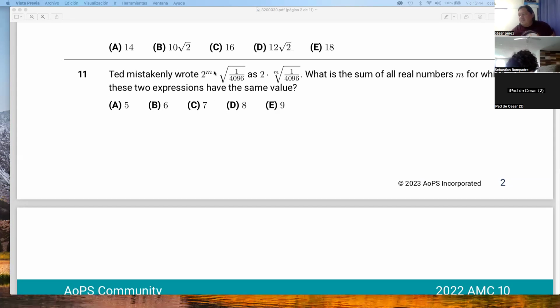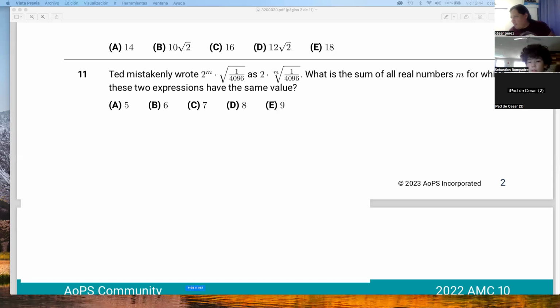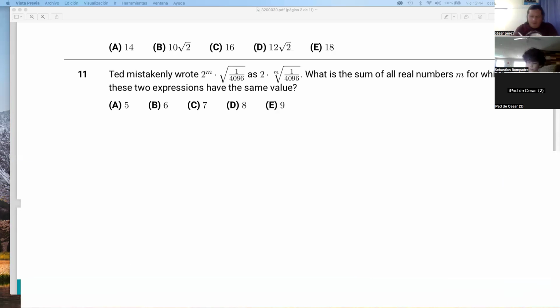Do you have ideas for solving this? No. Okay. 4096 is a power of 2. It's 2 to the 12.